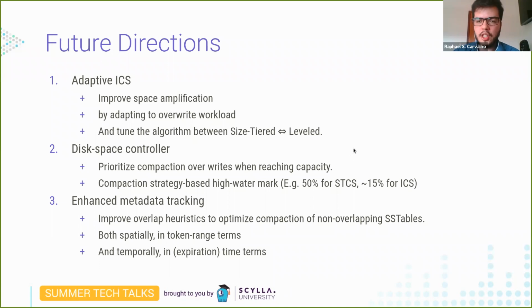That compaction would be mostly wasting compute resources. So the idea here is to enhance metadata in the SSTable that would allow us to predict how much disk space we are going to release when we compact a given set of SSTables.